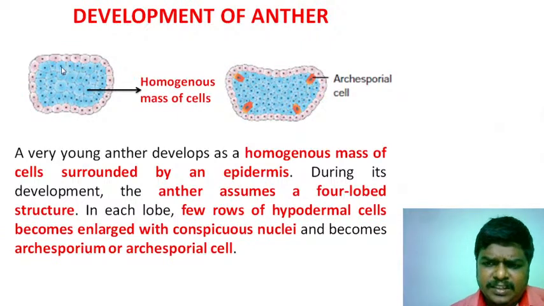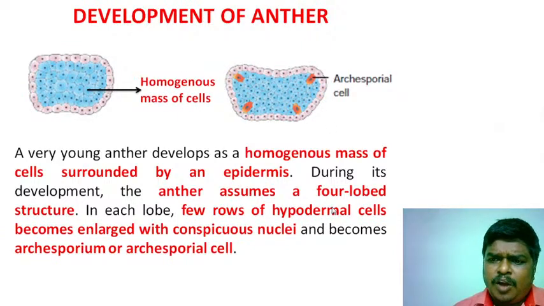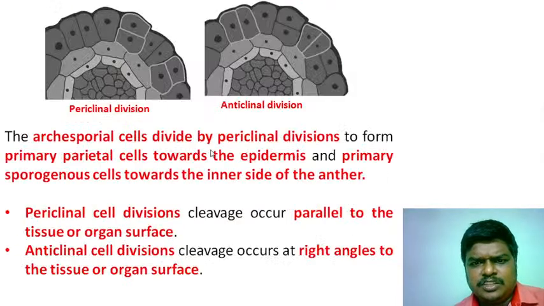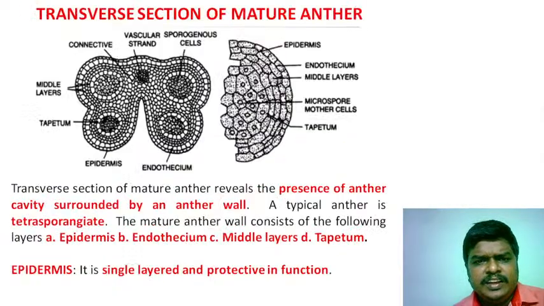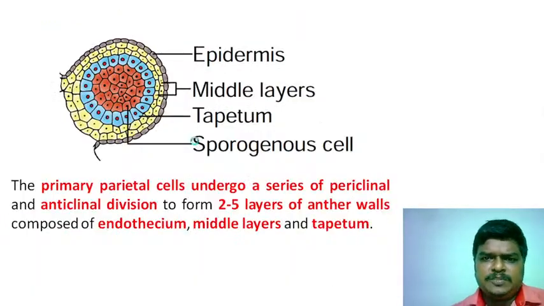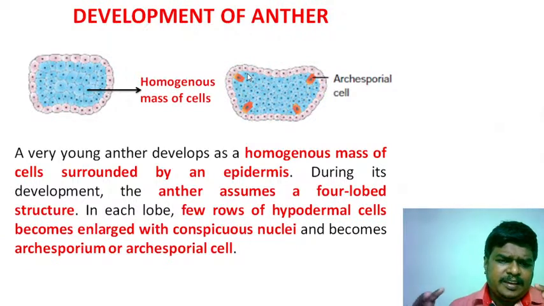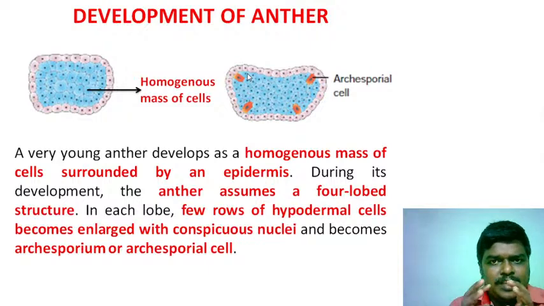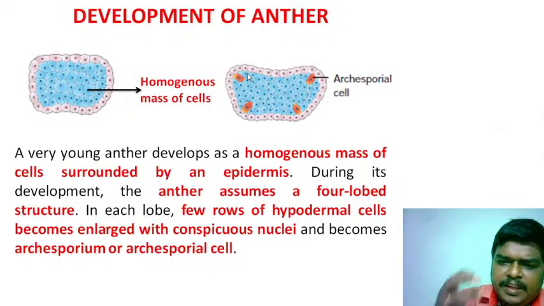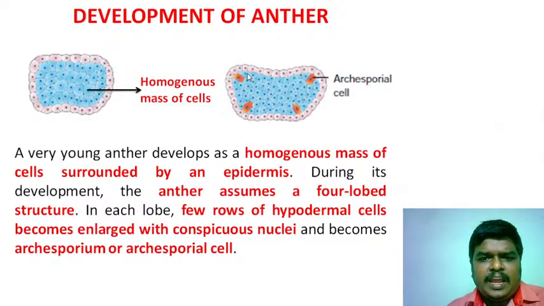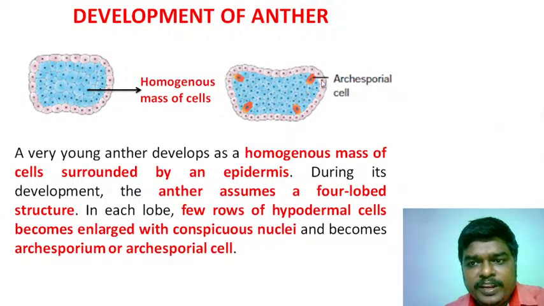During the development, the anther forms a four-lobe structure. That's what I told you about the four-lobe structure. It will be like this. So the four-lobe structure formation I'm going to explain to you now, how that process takes place. Here, in each lobe, a few rows of hypodermal cells become enlarged. They develop nuclei and become archisporial cells.